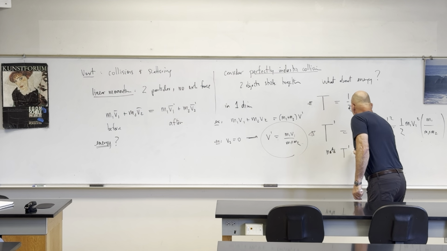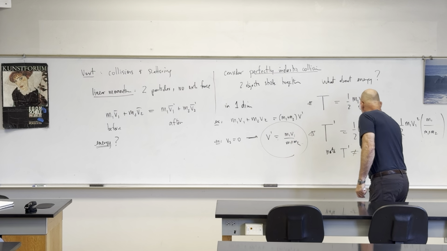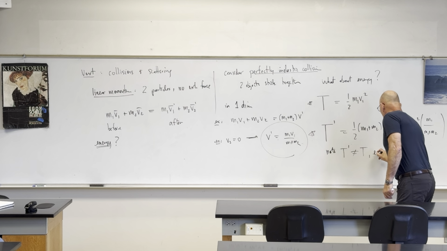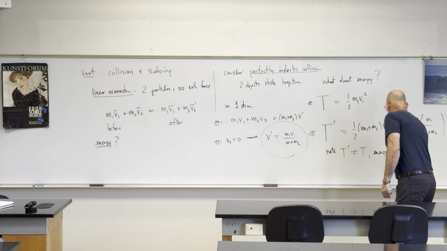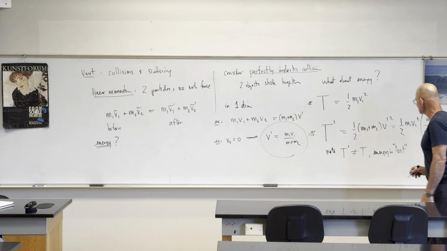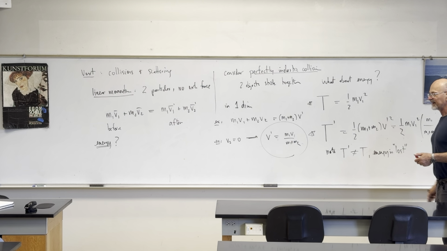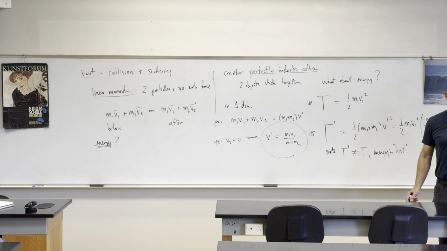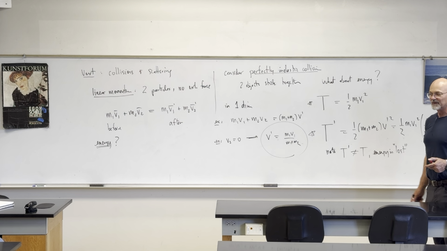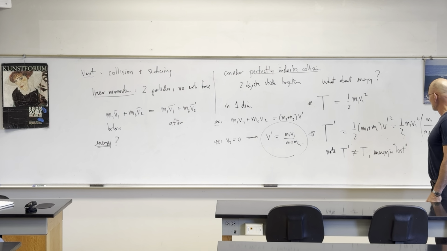So T prime is not equal to T. Energy is lost. I'm going to put lost in scare quotes. If all you do is these initial ideas here, you have no idea where the energy went. You just talk about energy being conserved, and now it's been lost.